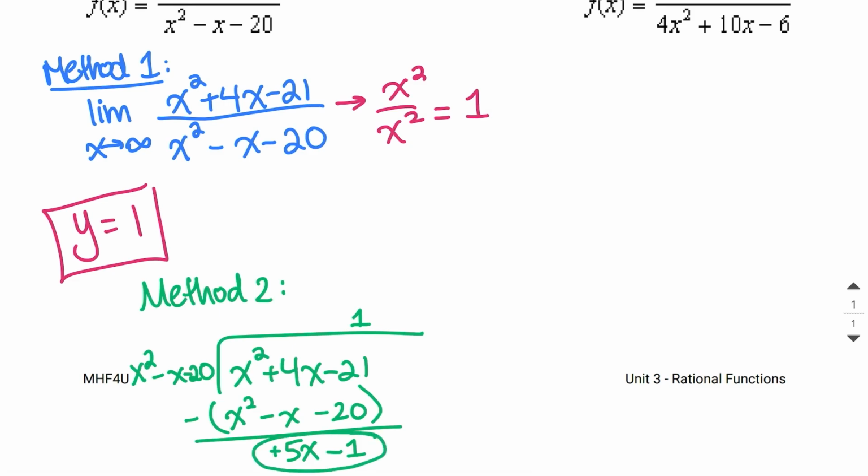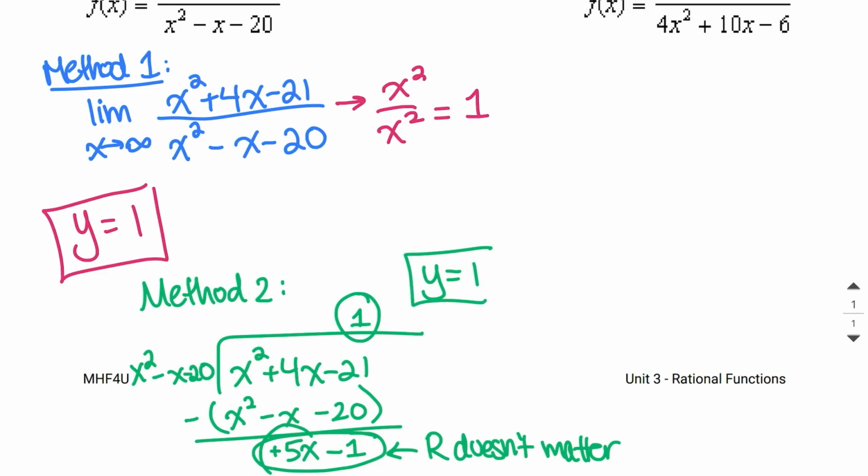But for starters, can I do any more long division here? No, because I can't divide 5x by x squared. So in the long run, this remainder doesn't matter. 5x minus 1 doesn't mean anything when we're talking about super large values of x. So this would be the equation of my horizontal asymptote, which would be y equals 1.